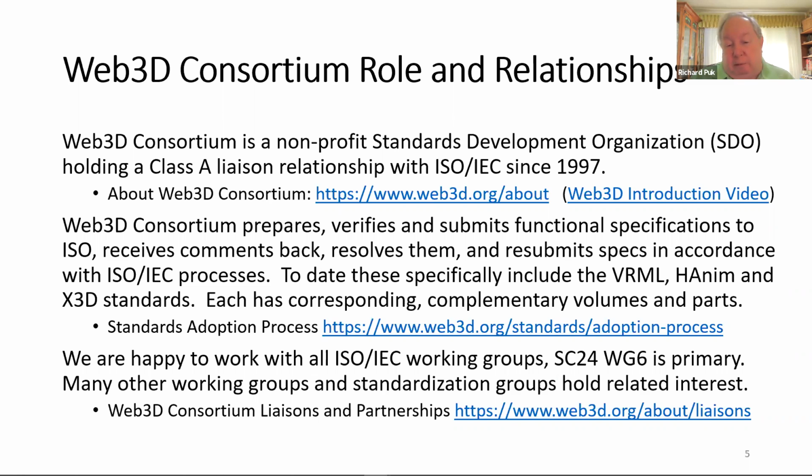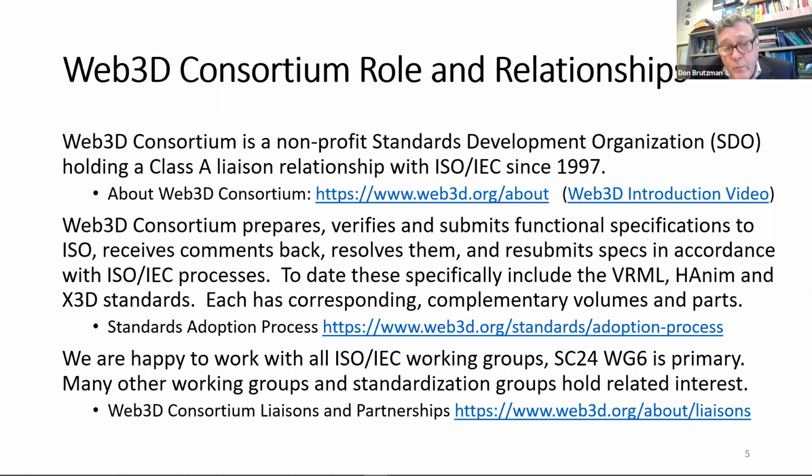But from the point of view of the Web3D Consortium, the primary sets of standards are VRML, H-Anim, and X3D. Each of those is a multi-part standard, with each part having a designated role in the standards adoption process.